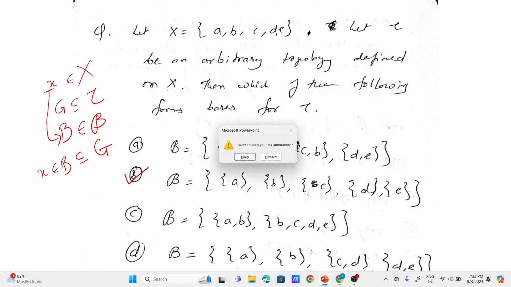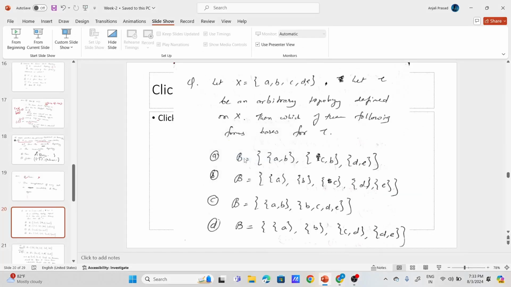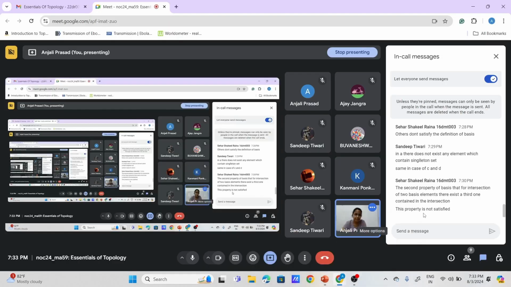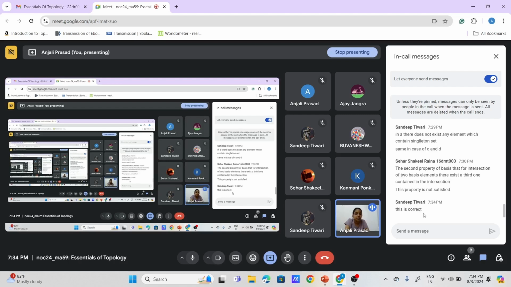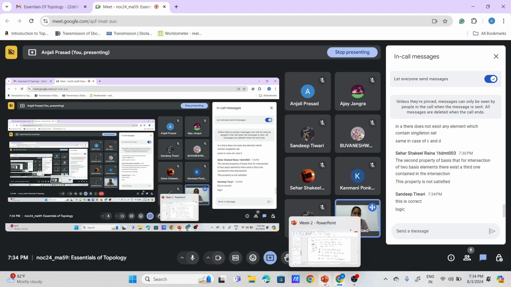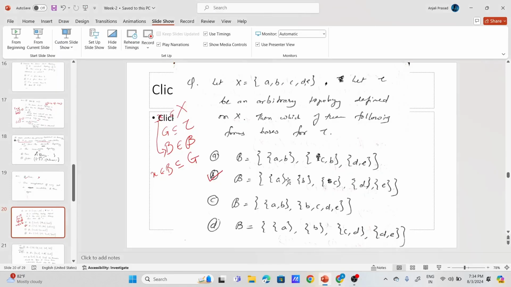That is the matter of discussion. Anyone? Yes, so you are saying that the second property of basis is that for the intersection of two basis elements there exists a third one contained in the intersection. Correct. So according to this property, we can say that some of the options, that is A, C and D, do not work.